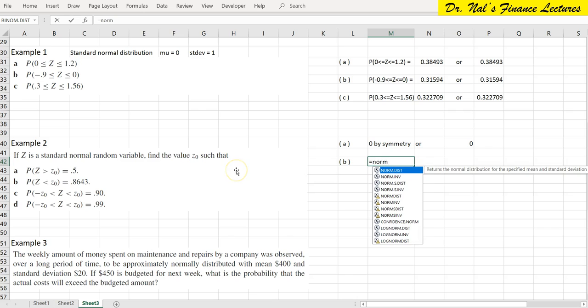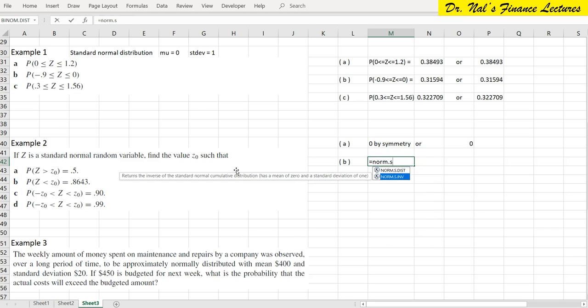So NORM.S.INV, the area to the left of that number that we want to find is 86.43%, right? You can either write 86.43% as a percent, or you can directly say 0.8643, right? So it's the same thing. So this will find the number where the area to the left is 86.43. What is that number? That number is 1.09.